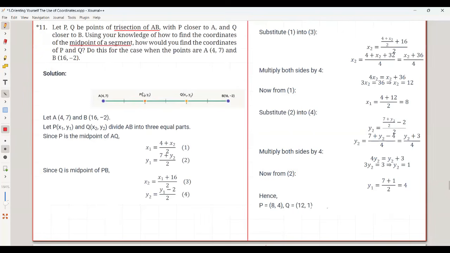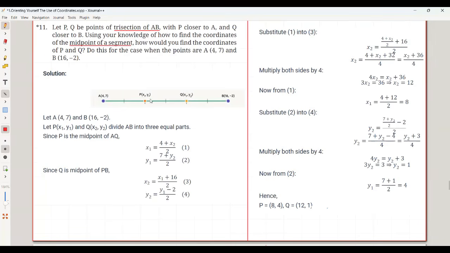The x coordinate x1 is equal to x1 plus x2 by 2. Applying the formula, the x coordinate is 4 plus x2 by 2, and the y coordinate is 7 plus y2 by 2.